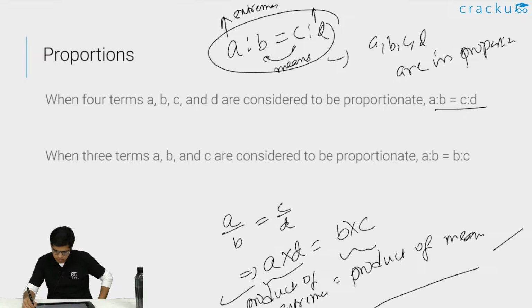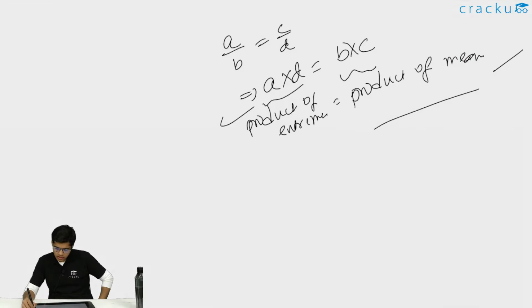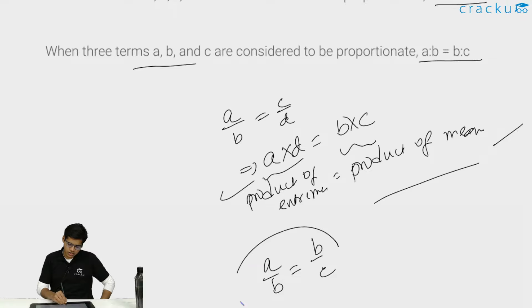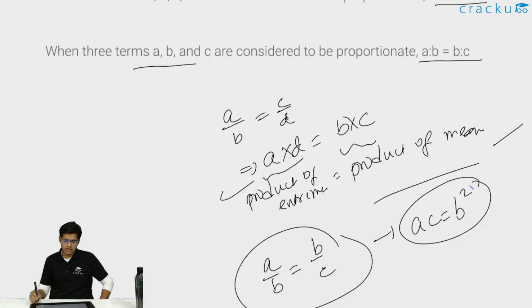And when three terms a, b, c are considered to be proportionate, it means a by b equals b by c. So three terms are in proportion. From here I can see ac equals b square. Right? a into c equals b square. If you remember, this is a geometric progression.